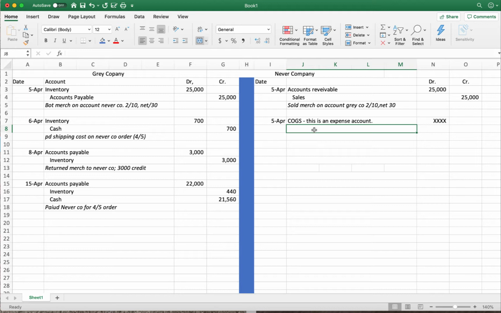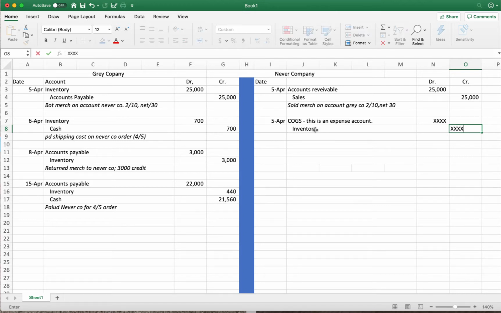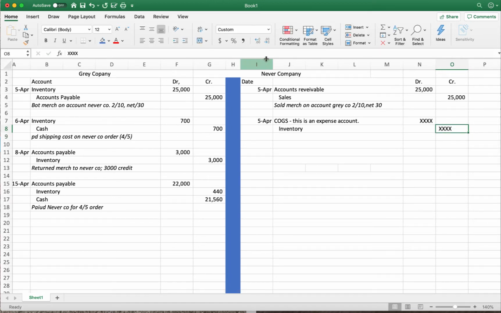So I need to credit my inventory for the cost of that merchandise. Again, I'm going to put in 4 X's, okay? It's just so we know this is the journal entry we absolutely have to make. It doesn't have a dollar amount. Please don't let that confuse you. It doesn't have a dollar amount in this example. However, it would normally, okay?